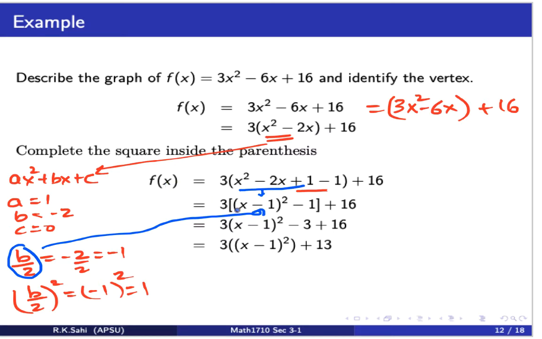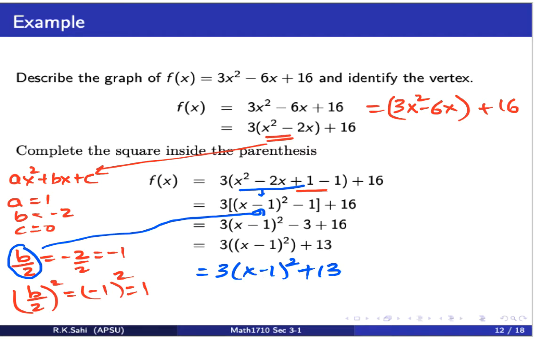So my f(x) is now written as 3 times x minus 1 the whole square plus 13. Notice that this is the standard form of our quadratic functions.